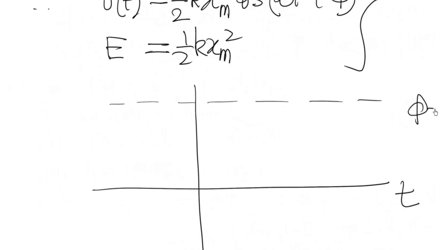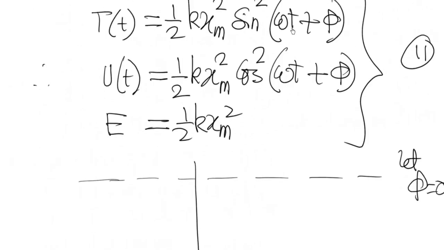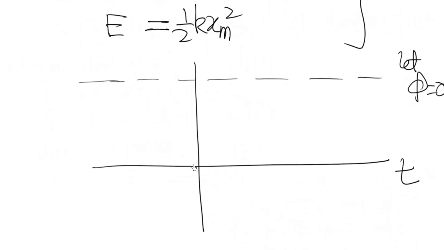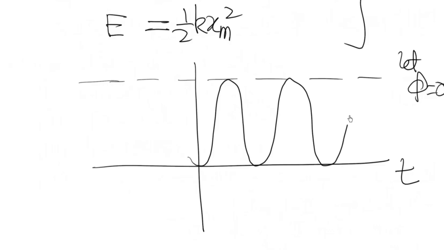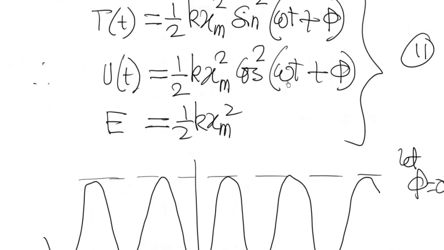Let phi equal to 0, and if phi equal to 0, then if you plot T, at t equal to 0, sine 0 means 0, so you have this, like this. And cos, if you plot this one U, at t equal to 0, then this is maximum.